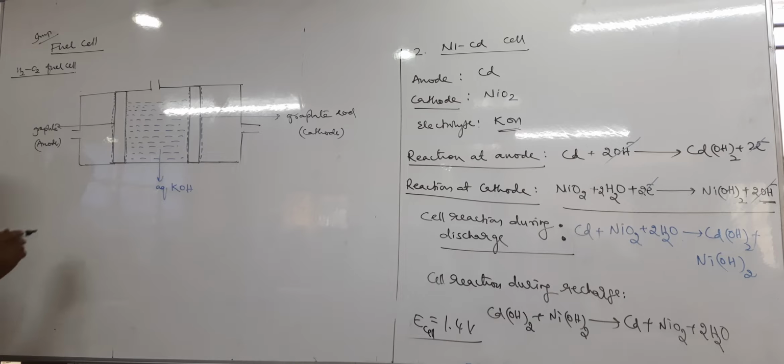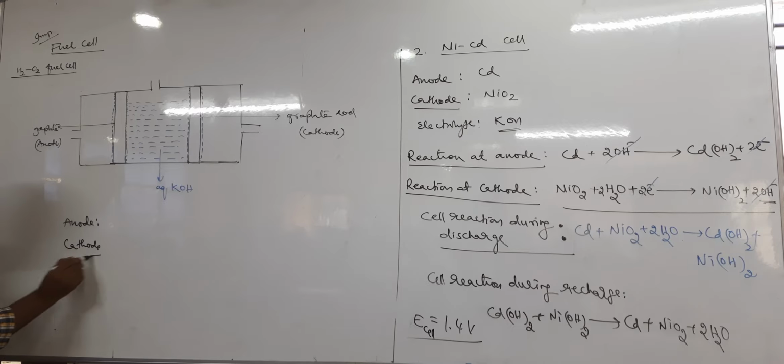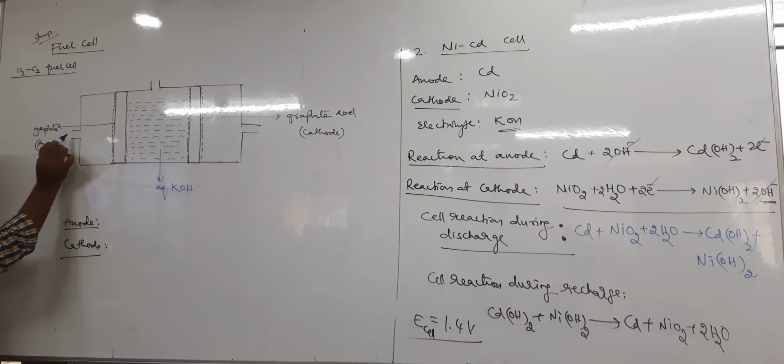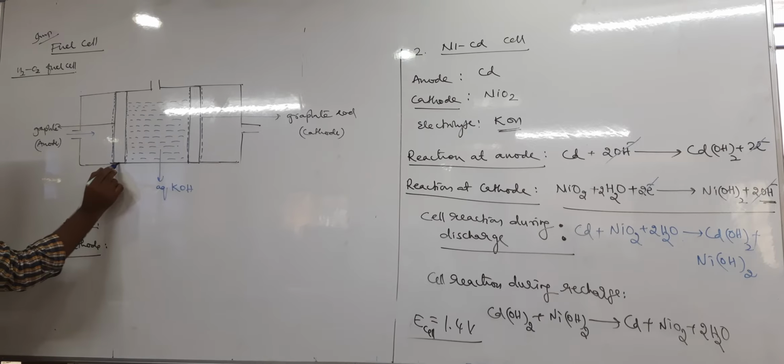Next, what is important is the reaction at the anode and the reaction at the cathode. First, pure and dry hydrogen gas is passed, or bubbled, into the KOH solution through the anode.